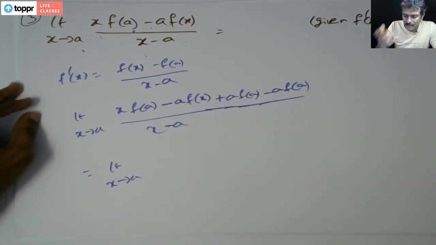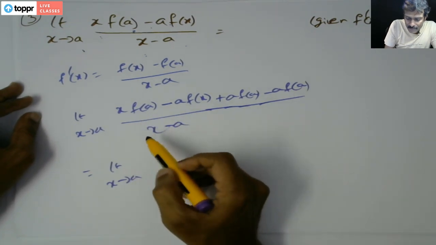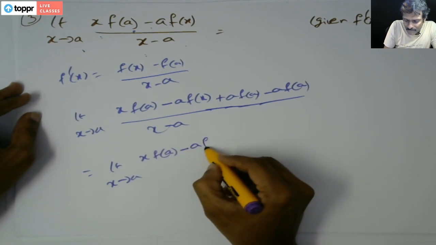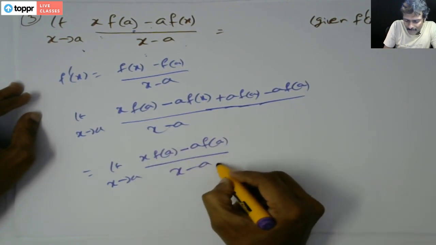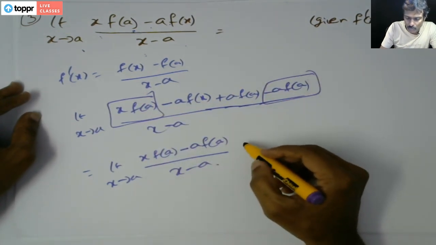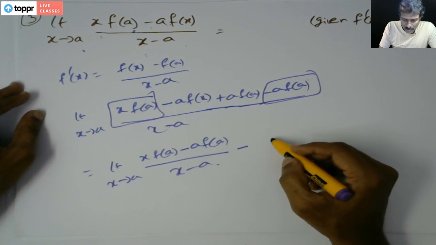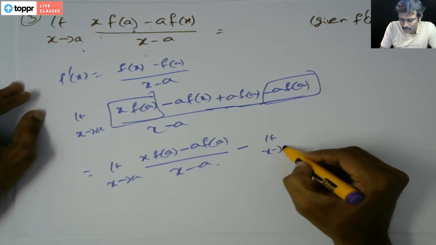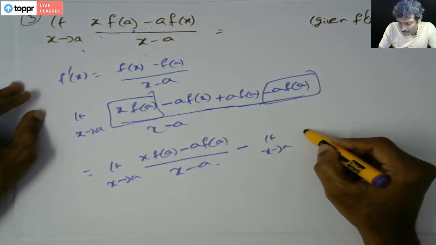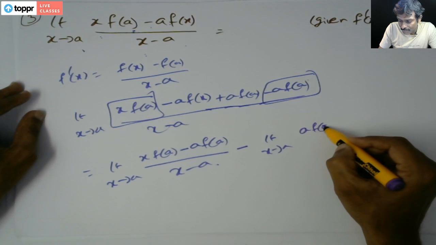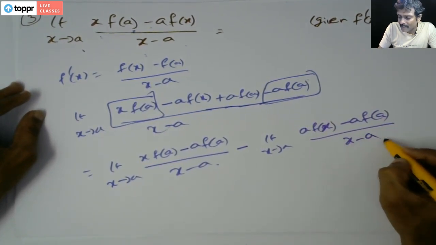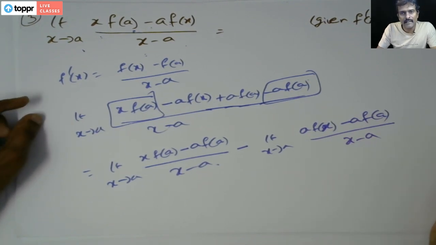Now I can write x times f of a minus a times f of a by x minus a, means this term here and this term here is one I'm grouping, and then minus limit x tends to a, I'm separating the limit here, I took minus common out, so this will become positive, a times f of x minus a times f of a by x minus a, correct?